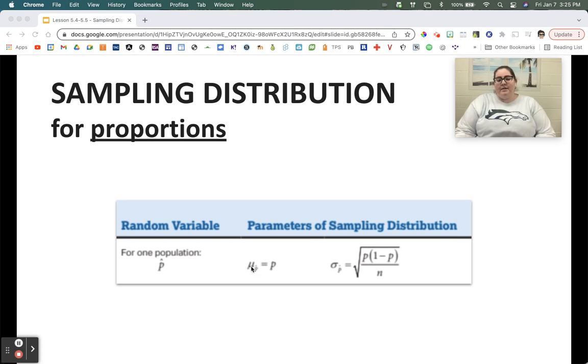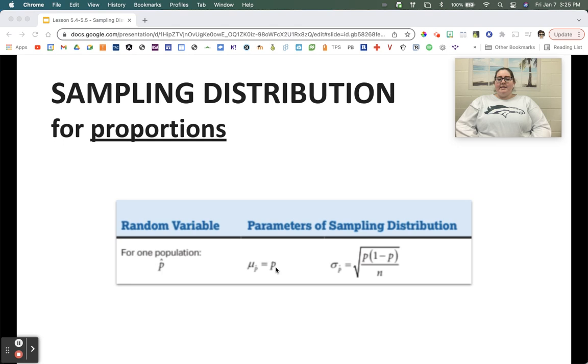So the first thing is the mean. This symbol is mu, and then it has a little p hat. It's kind of hard to see, but mu p hat is equal to p. This is telling us that the mean of that sampling distribution for proportions is generally equal to p, which is whatever the actual proportion is for the population.